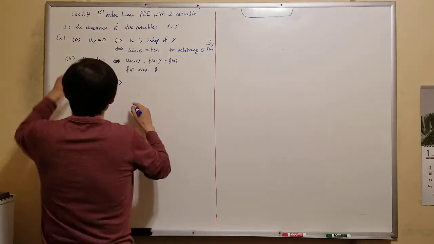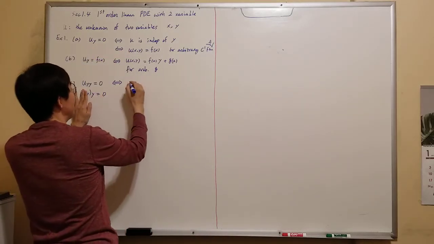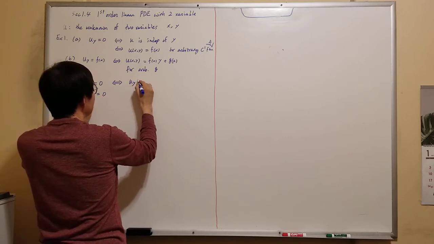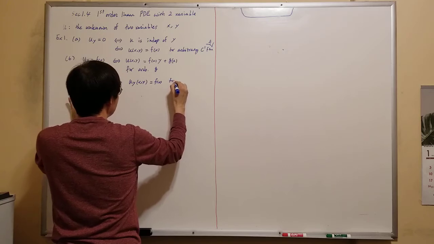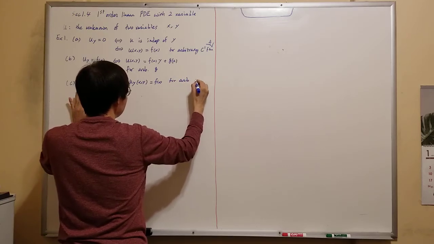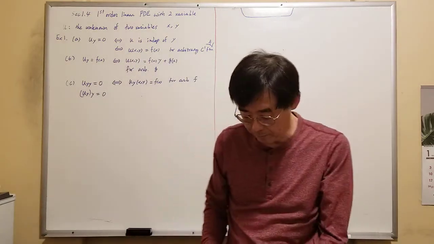So this one, inside something's y partial 0, that something must be a function f of x, for arbitrary function f.